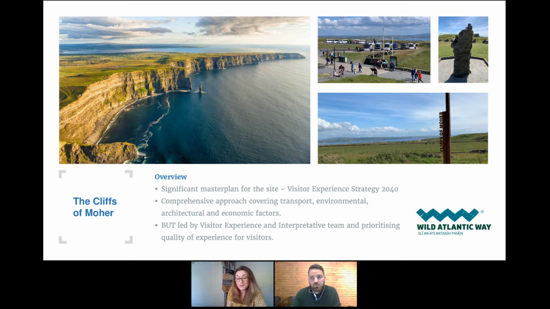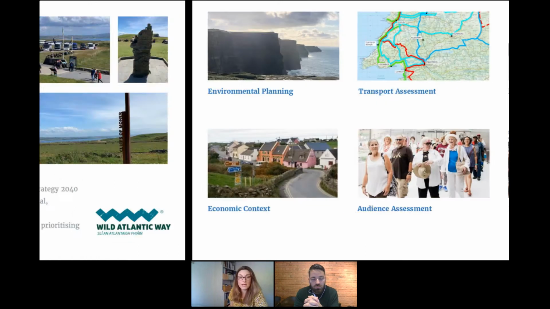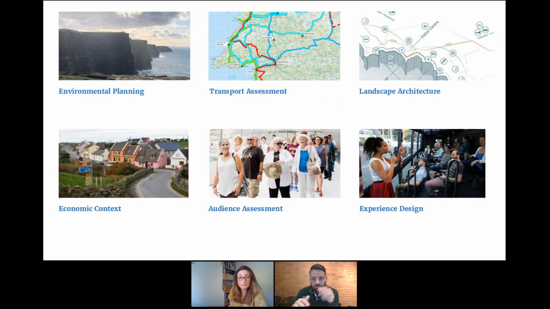The downside, and almost a flip side of the success, is that some of those inland locations within the rest of the county of Clare, for example, people aren't visiting as much because they are just sticking to that Wild Atlantic Way. And so trying to encourage economic growth as a basis for tourism, drawing upon the large number of visitors that already go to the site, is a key part of the work.